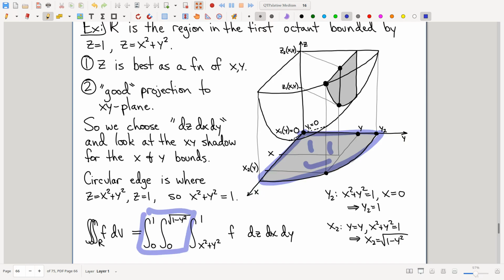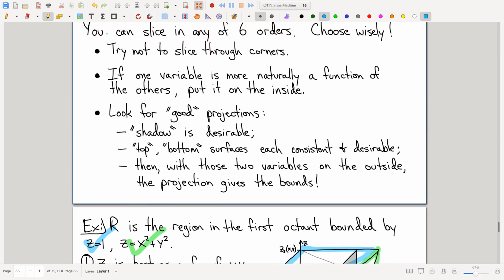We also needed the lower bound to come from a well-defined single one of these given surfaces, and we needed the upper bound point to come from a well-defined single one of those surfaces for this to work out reasonably. That's what I mean by a good projection. You want to have a desirable shadow.